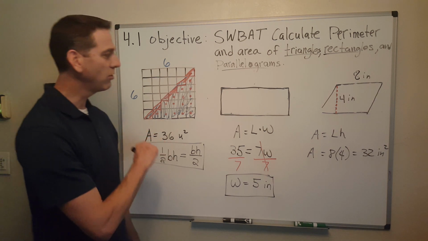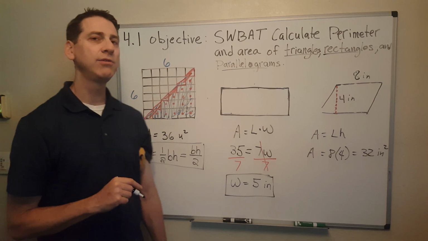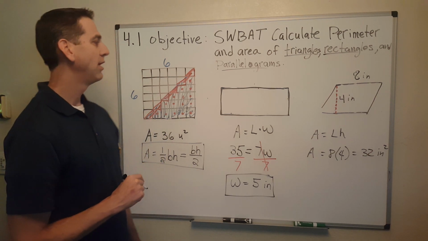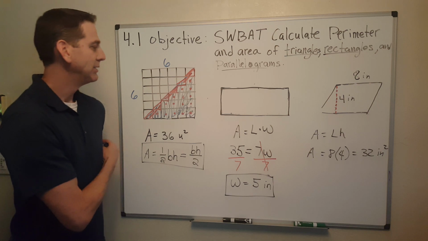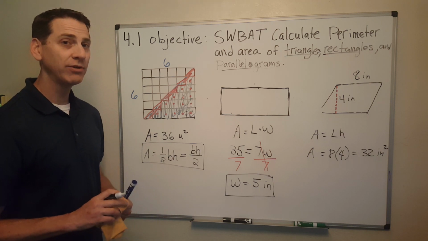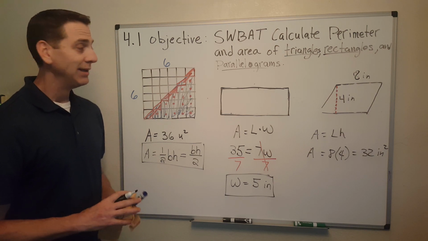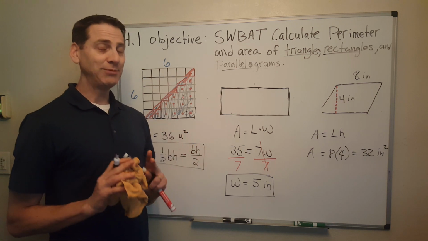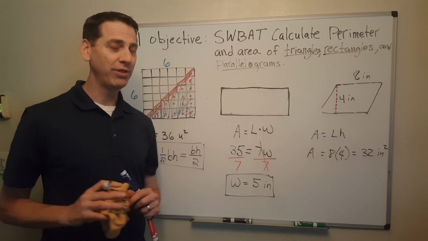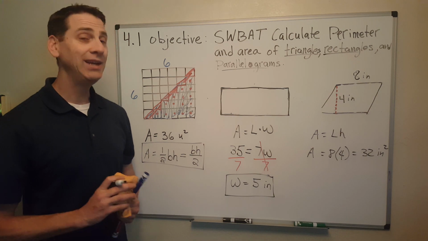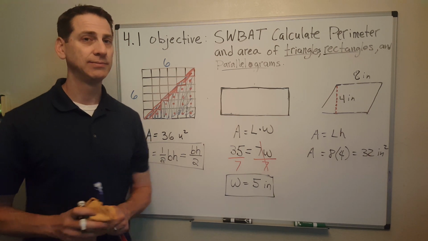Okay, now let's go back. How do you find the perimeter of a triangle? Well, in order to find the perimeter of a triangle, at least at this stage, because we haven't learned the Pythagorean theorem, we need to know all 3 sides.